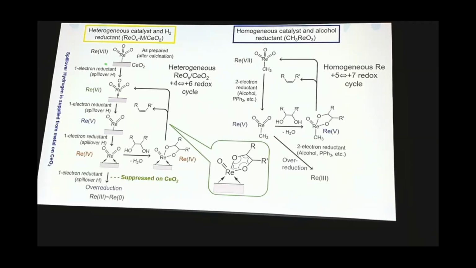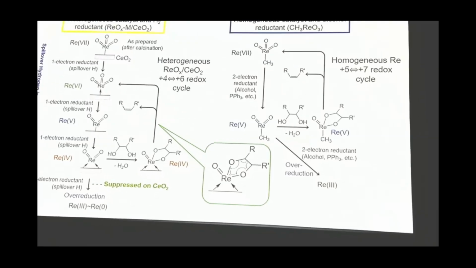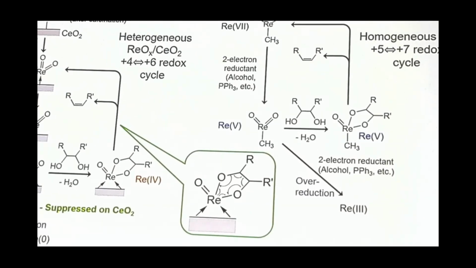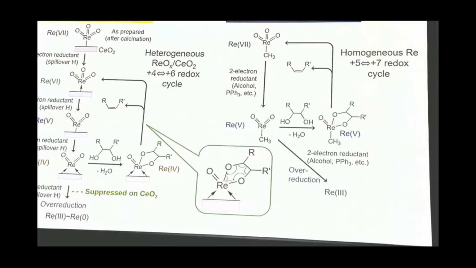On the other hand, in the case of the heterogeneous catalyst, hydrogen is activated on the metal surfaces and transported to the rhenium species. Therefore, the rhenium 7+ is reduced to 5+, 4+, 6+, 5+, 4+.